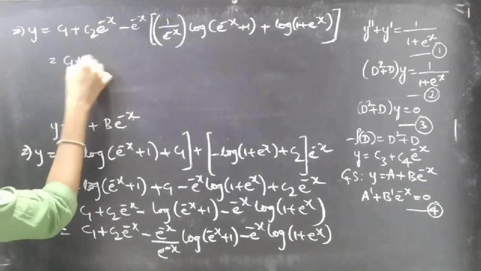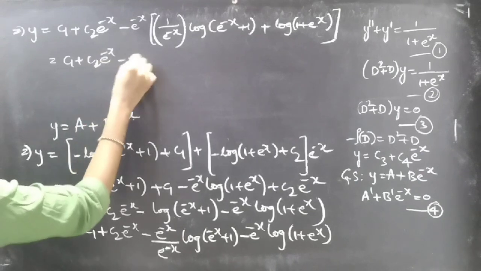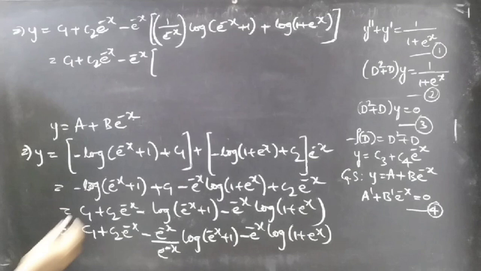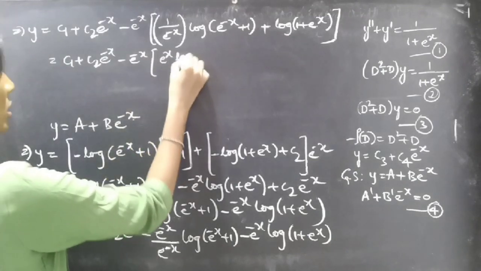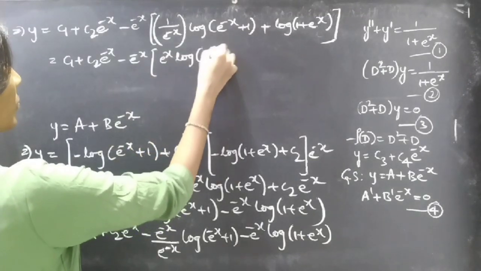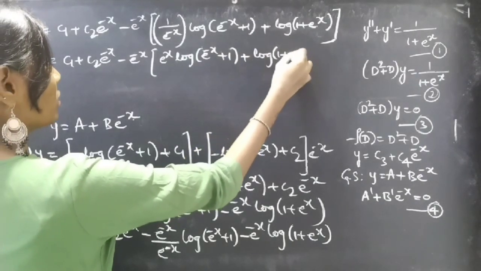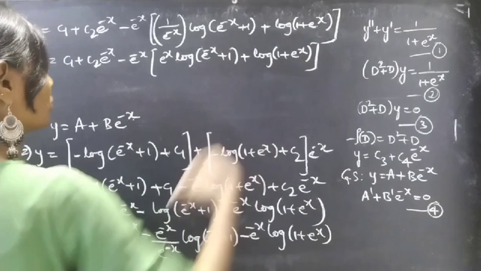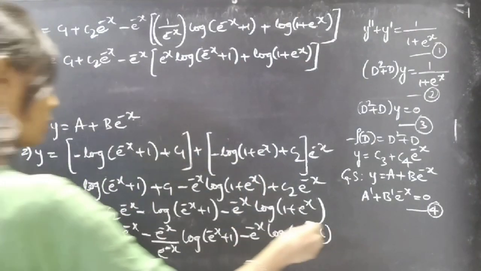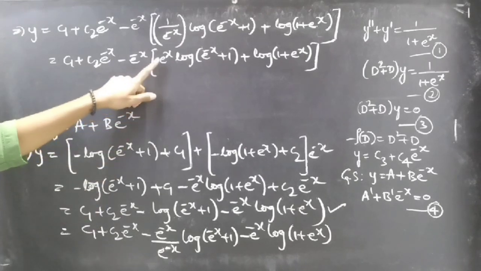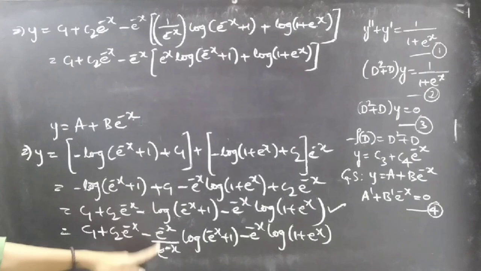Which gives us c1 plus c2 e power minus x minus e power minus x of, reciprocal of e power minus x is e power x, we'll get e power x log of e power minus x plus 1 plus log of 1 plus e power x. Okay, we can just stop it here. Or if you want e power x, you can just multiply and divide e power minus x.